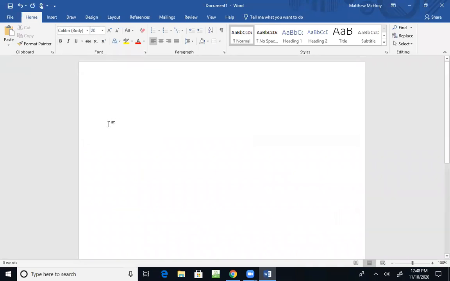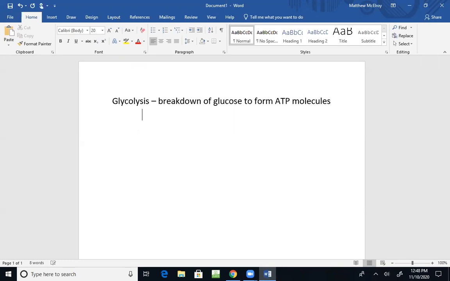The first word we said was glycolysis, which we just got done talking about, the breakdown of glucose to form ATP molecules. The second term, one of the second terms, I don't remember which exact order we went. Glycogenesis, this is the term that we just mentioned, is the formation of glycogen from glucose molecules.